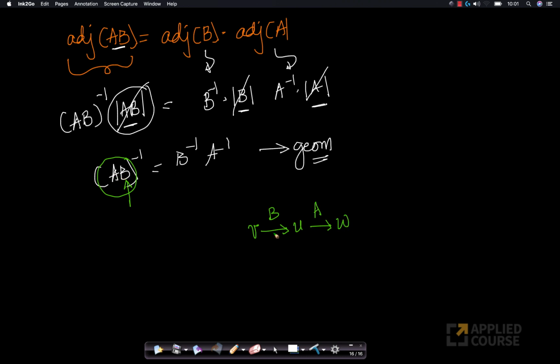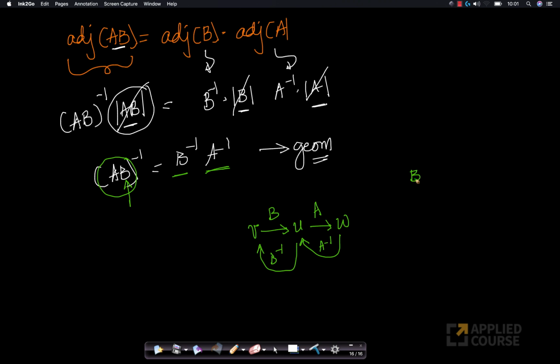Now, if I want to invert, what do I do? First I apply A inverse. Then I apply B inverse, right? First I apply A inverse, then I apply B inverse to get the whole inverse of AB. So what did I do here?